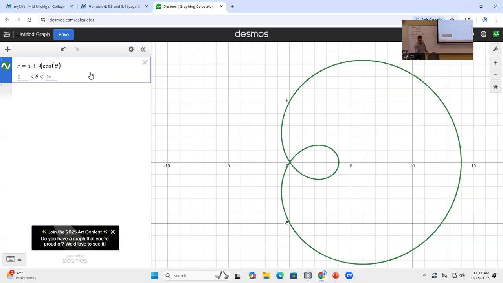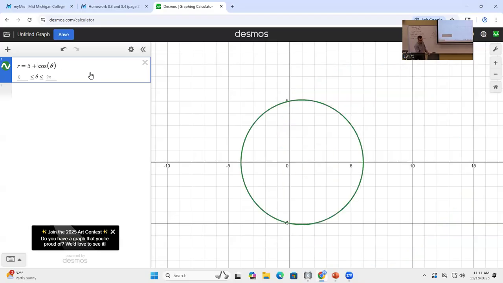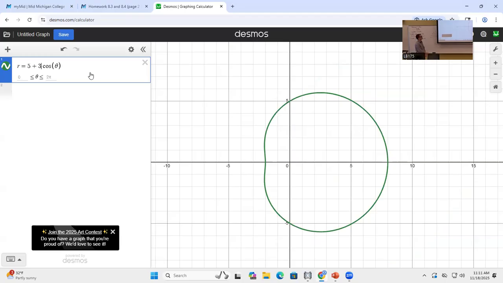Okay. What if the coefficient was smaller than 5? Well, then as we indent, it's not going to indent all the way back to the origin.